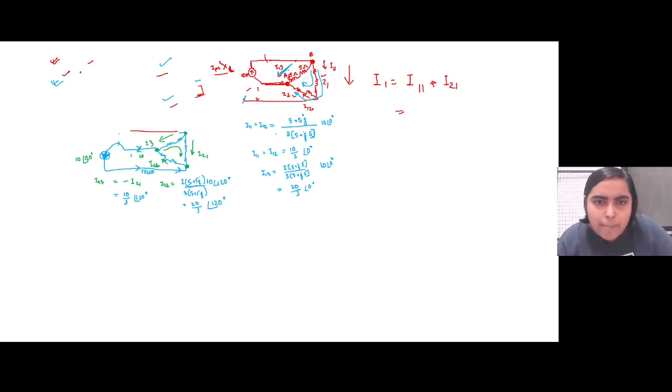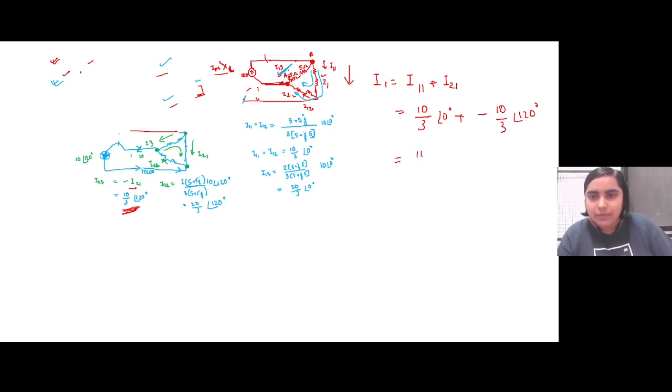I11 is given here as 10 by 3 angle 0, plus I21, which is minus of 10 by 3 angle 120 degree.